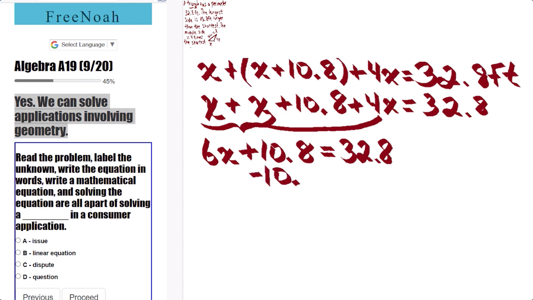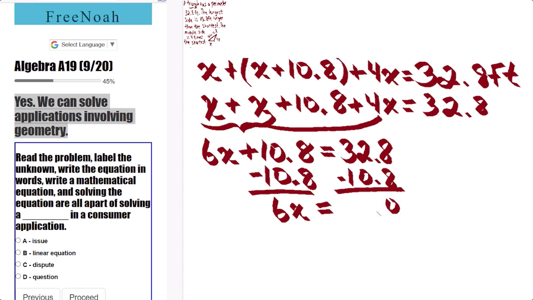So we have 6x on the left side of the equal sign, and then 8 minus 8 is 0, 2 minus 0 is 2, and 3 minus 1 is 2. So we have a solid 22.